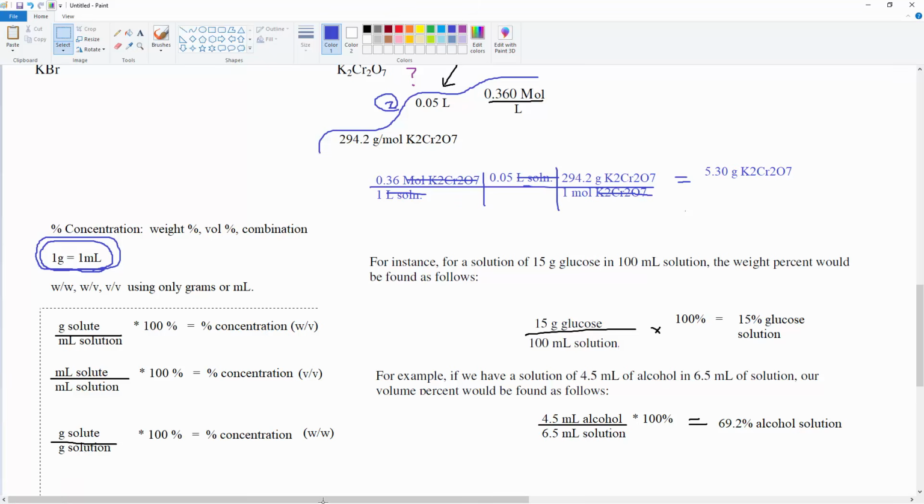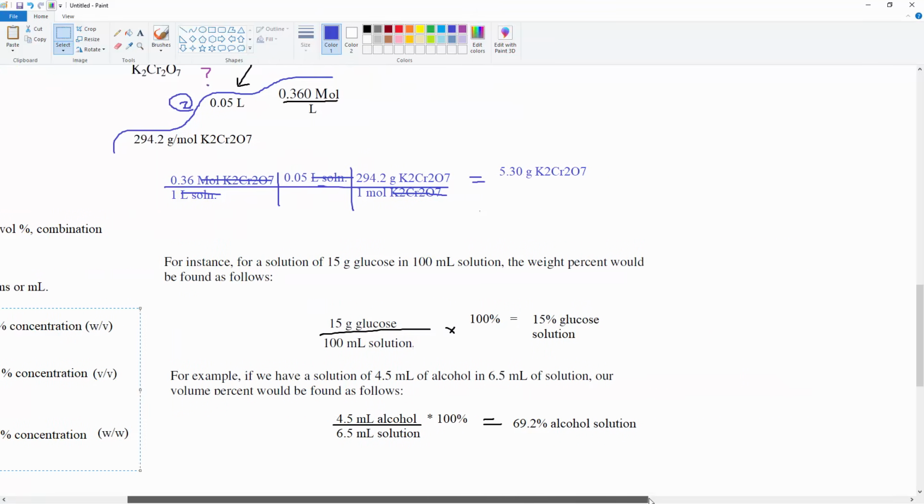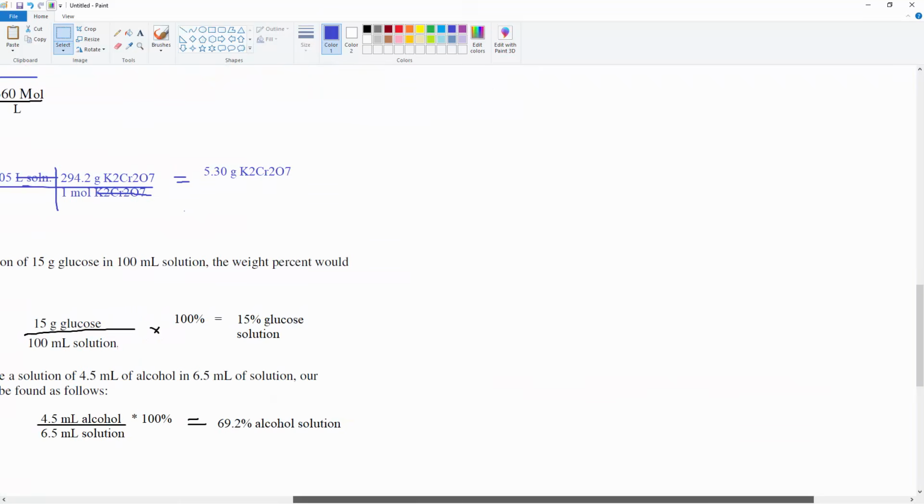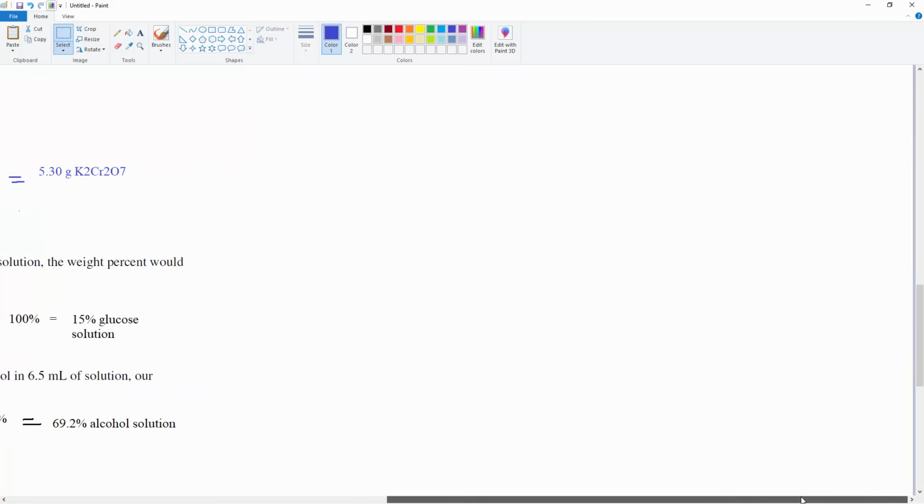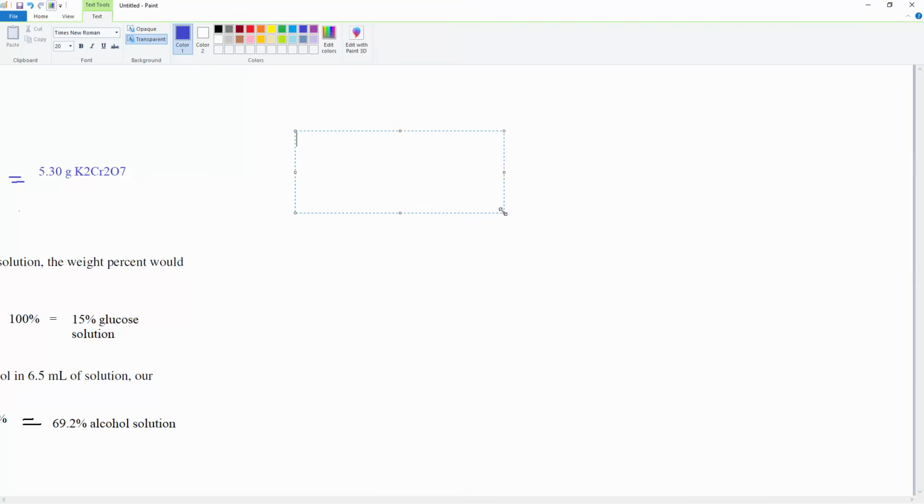And this is actually not hard to do, because it's going to be almost exactly what we have already done. What we did here with concentration in percents is we just calculated parts per 100.